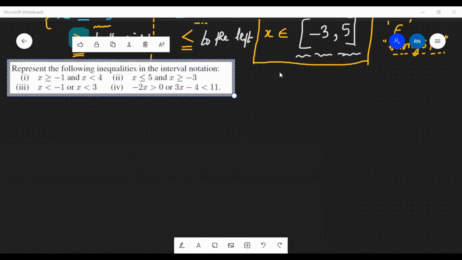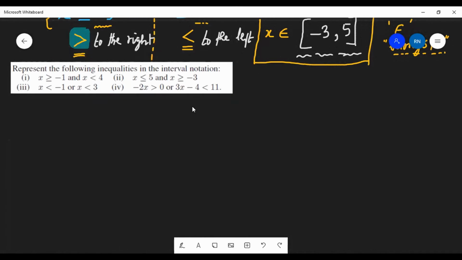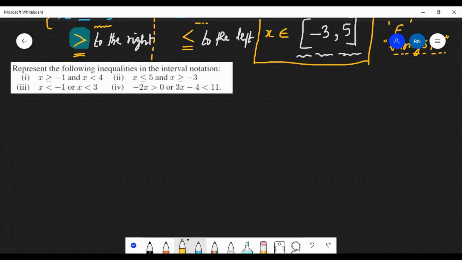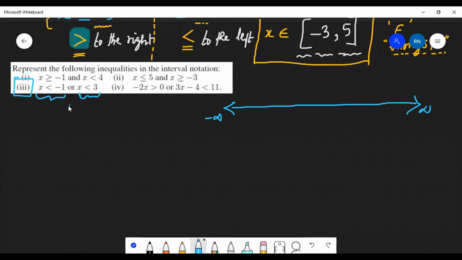So I am now bringing the question to your view so that everybody can see the third subdivision. So how do we go ahead with the third subdivision? As usual, we get ready with number line. We mark negative infinity, positive infinity. There are two parts, but they are connected by the word or.